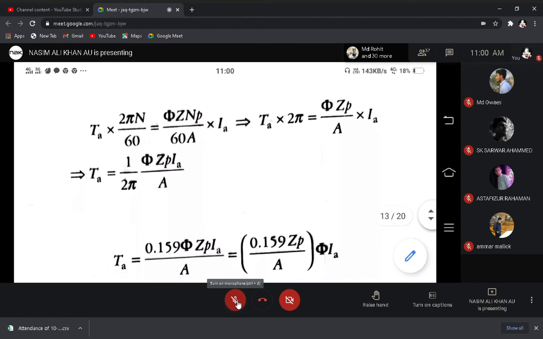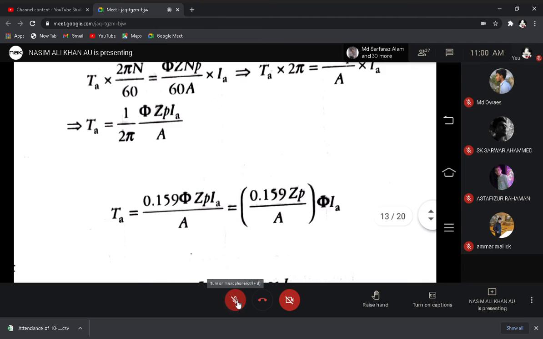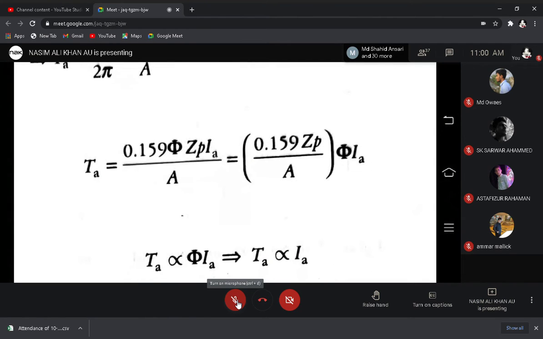If you substitute the value of 1 by 2 pi, you get 0.159 phi Z P Ia by A. They will ask this expression as a 5 marks question: develop the torque equation for a motor.